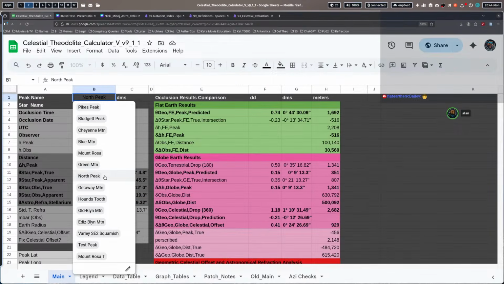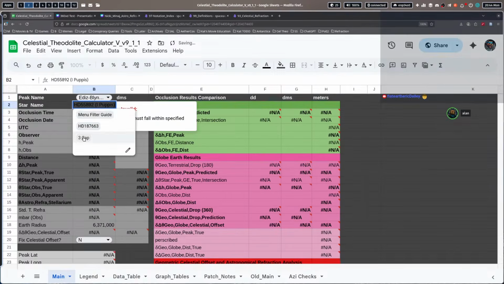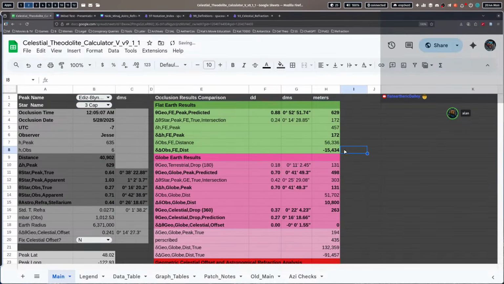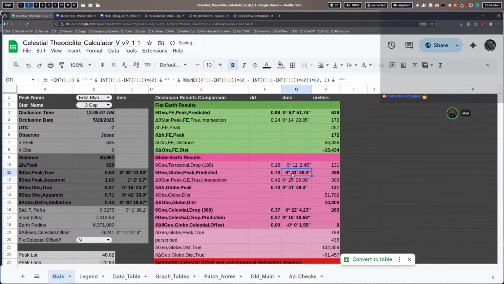And then when we look at, let's see, we can do the Blend Mountain with the 3 cap star. So here for the physical elevation, it's 52 meters. The actual intersection difference was 14. And for what the globe predicts geometrically, they predicted at an angle of 41.